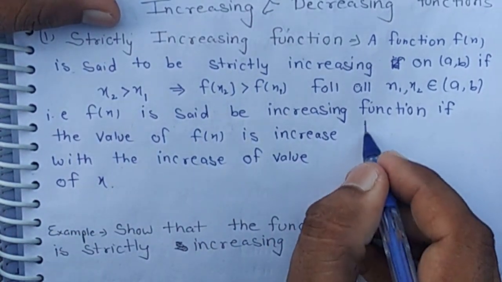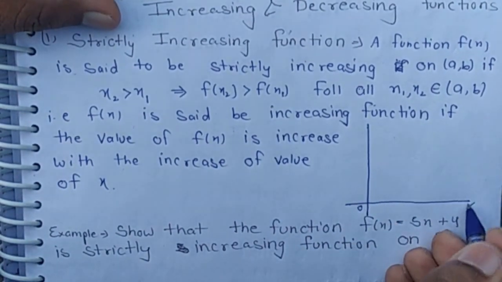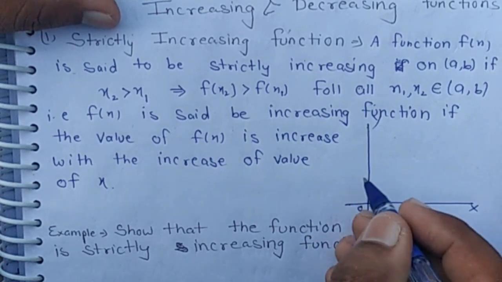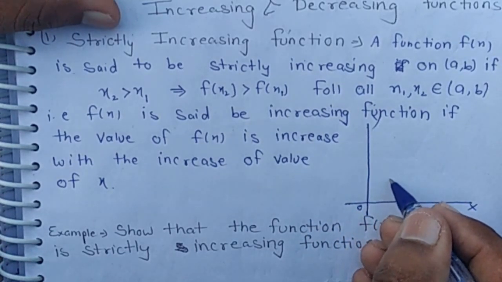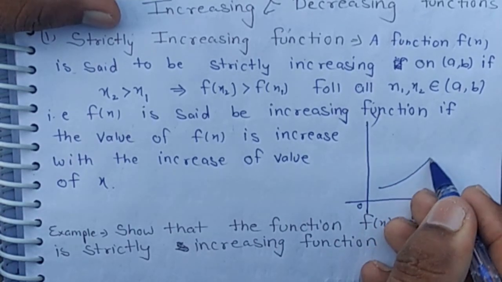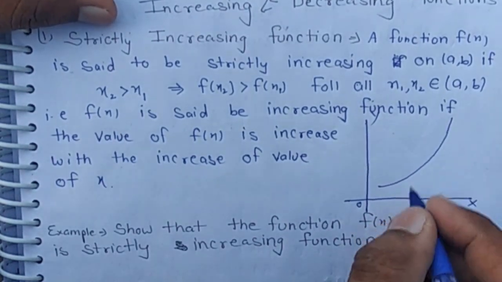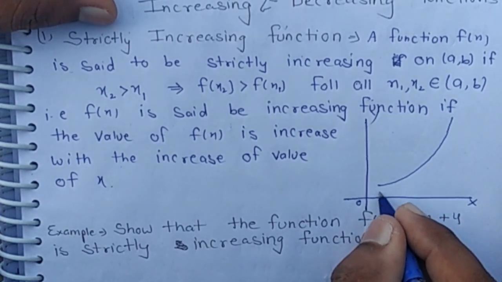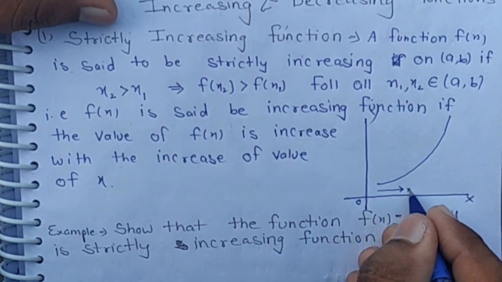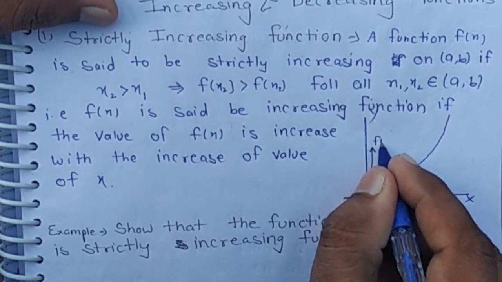That is, if it is the x-axis and y-axis and a function is in this form, this is called strictly increasing, because as we increase the value of x, the value of f(x) is also increased.